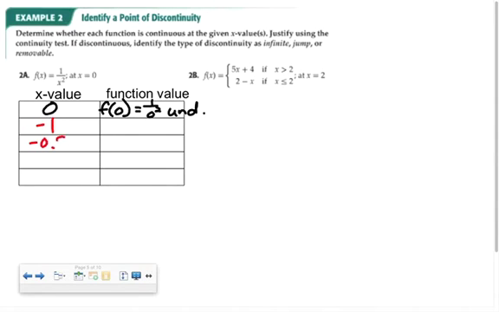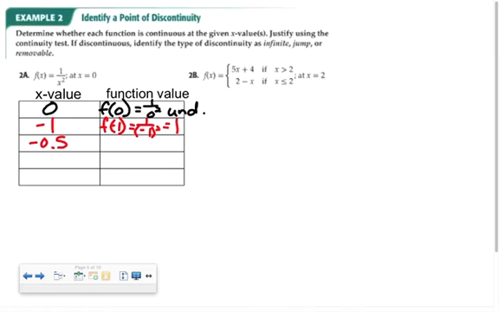-1, and -0.5. So I'm going to take -1 and plug it in. And I would have 1 over -1 squared being 1.